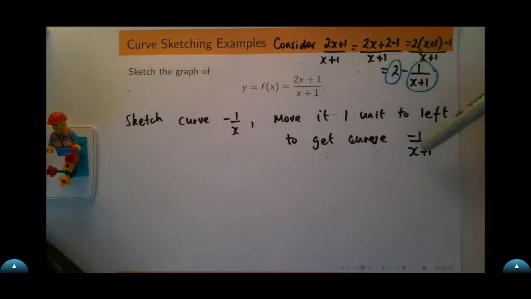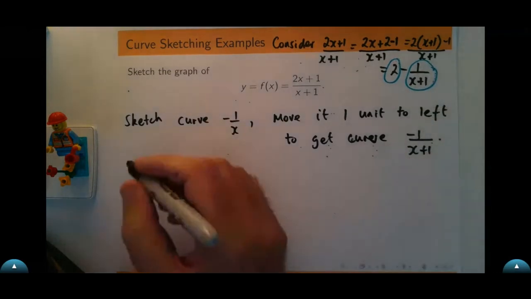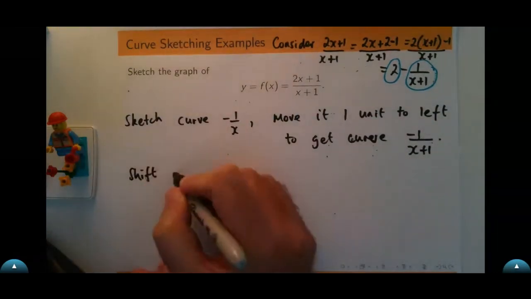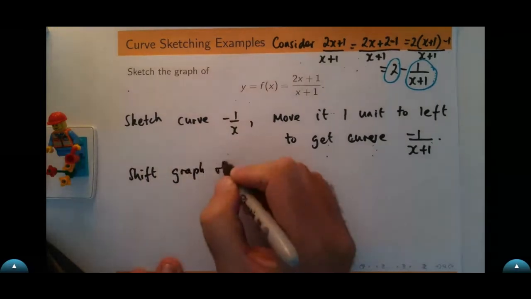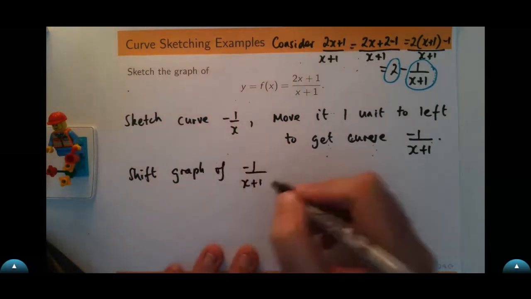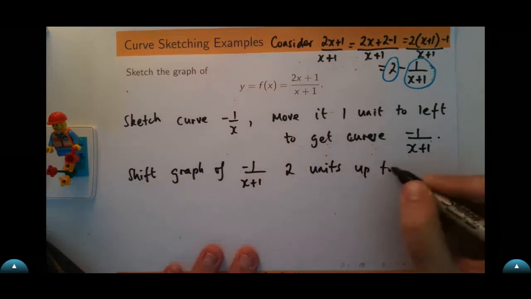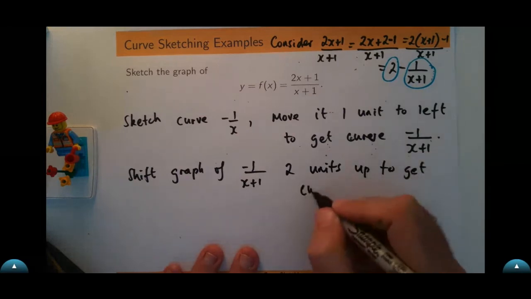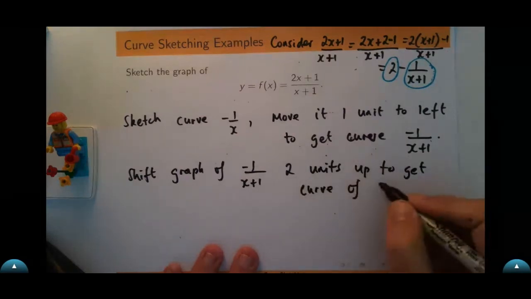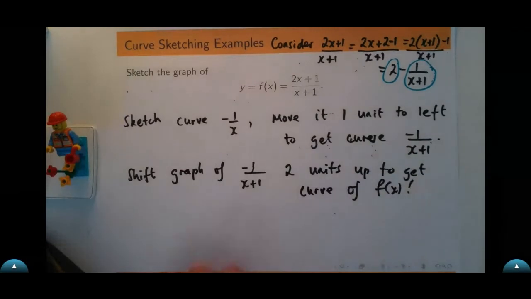You can tell me. So if you know the graph of this and you want to get the graph of that, what can I do to the graph of this? Yes, Zhonghua, Aria, 2 units up. Okay, so the last step, that's it.